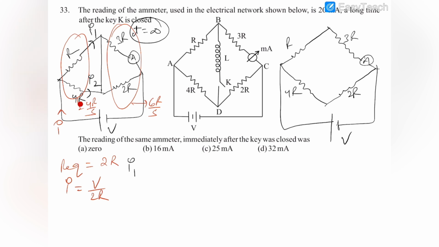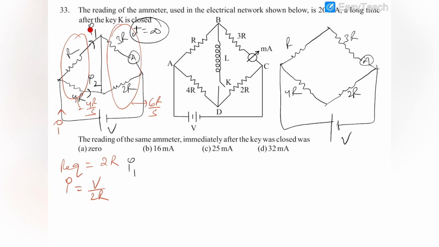Now add up the ratio, which is 5, and divide the whole current by 5. Dividing this current by 5, it would be V by 10R. So V by 10R is this one part, which I have extracted by dividing the total current by the sum of the ratio.